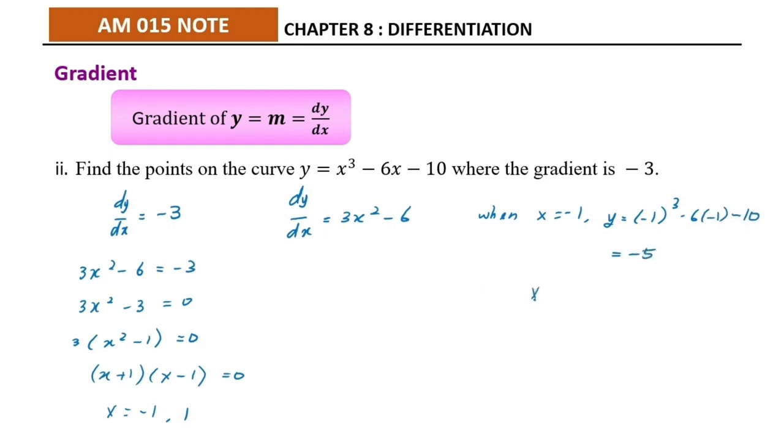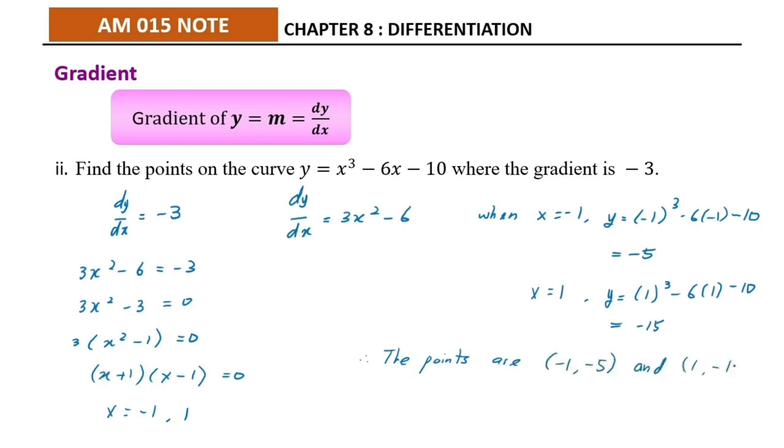And when x equal to 1, y equal to 1 cubed minus 6 times 1 minus 10 equal to negative 15. Therefore, the points are (negative 1, negative 5) and (1, negative 15).